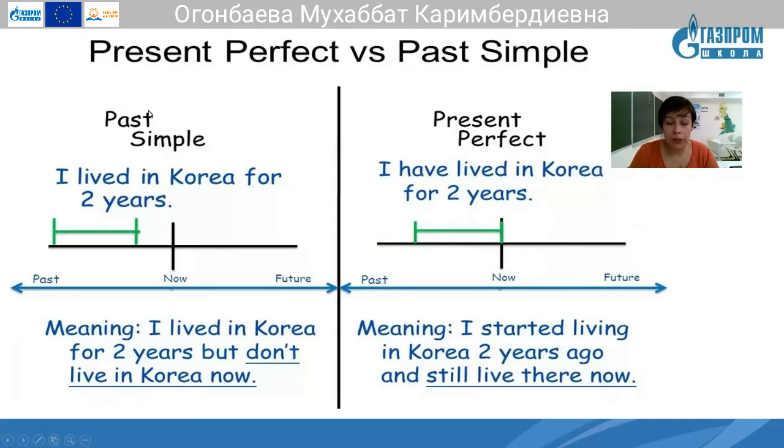So this is the difference. Again, past simple is a fact in the past, and we can use a time, when it happened: yesterday, 2 years ago, 5 years ago. And present perfect we use when something happened in the past, either it's still happening till now, or it happened in the past and it's over and we have a result of it now.